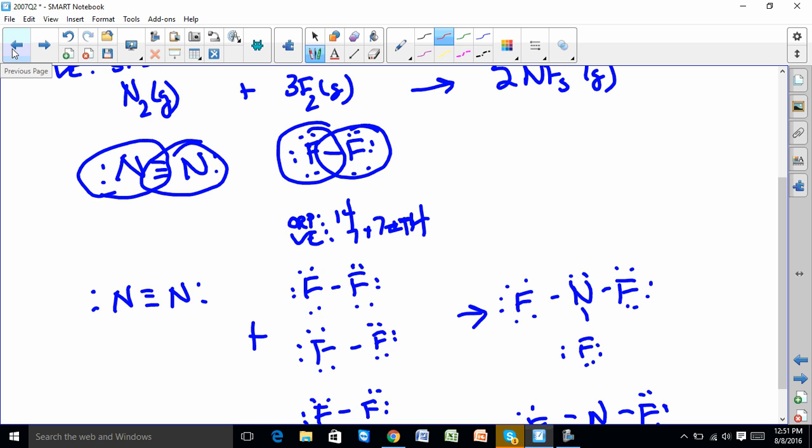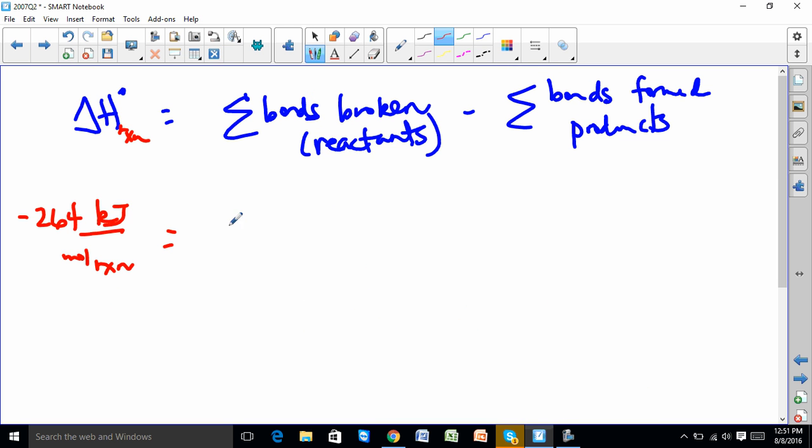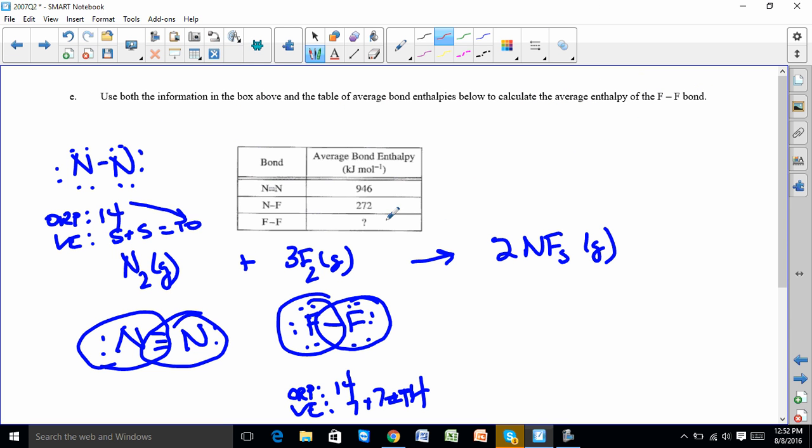We have 1 nitrogen-nitrogen triple bond being broken, and that's 946 kilojoules per mole Rxn plus 3 times X. We don't know what this bond enthalpy is. It's a question mark. That's what we're solving for. What is the average bond enthalpy of that bond?